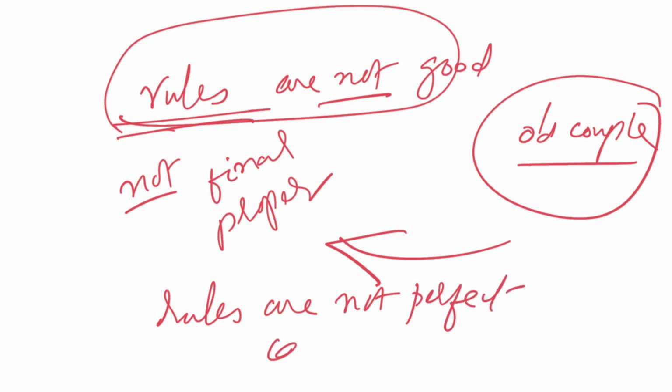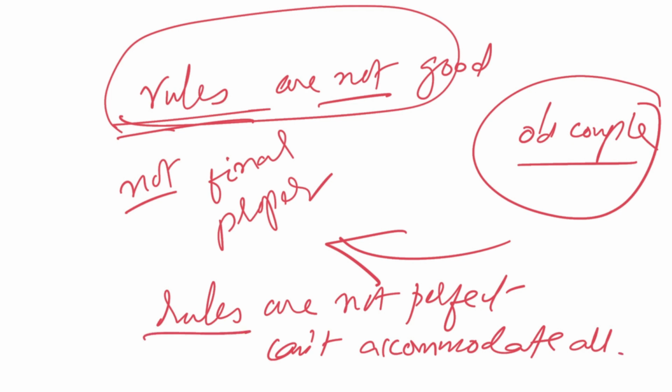Rules can't accommodate all, though they have to treat unequals unequally and give more attention to the marginalized. Because of the imperfection of the rules, then he has to help the old couple.